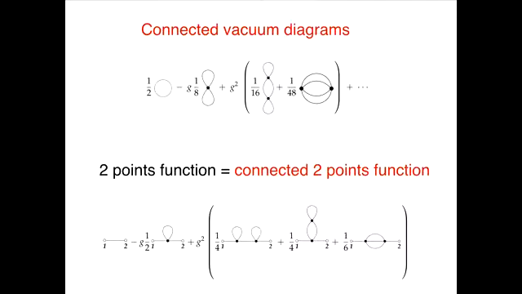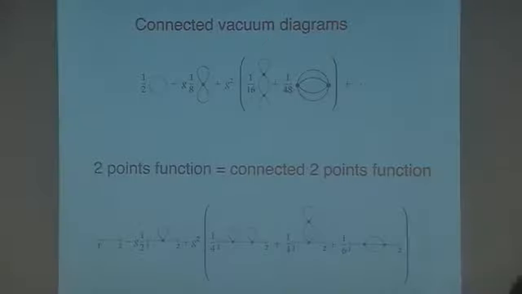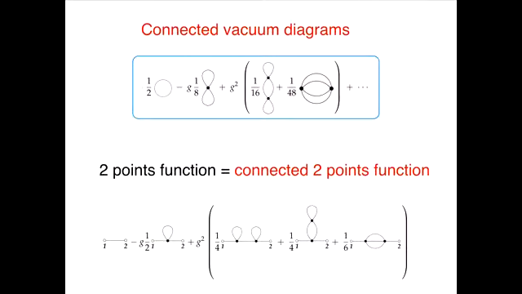So here are the diagrams that appear up to order G squared in the perturbative expansion of the two-point function.